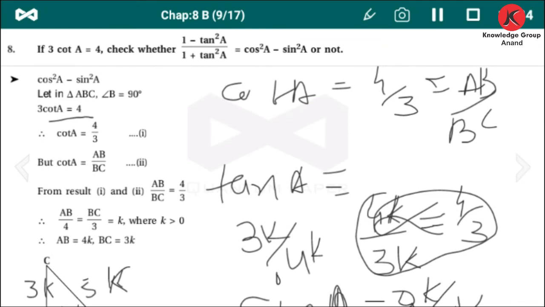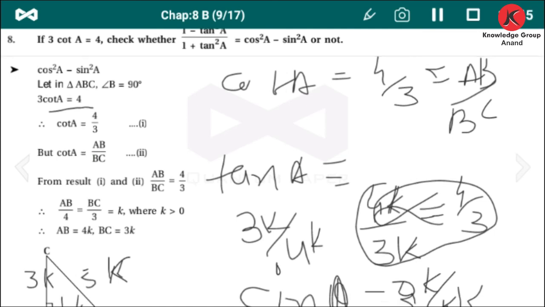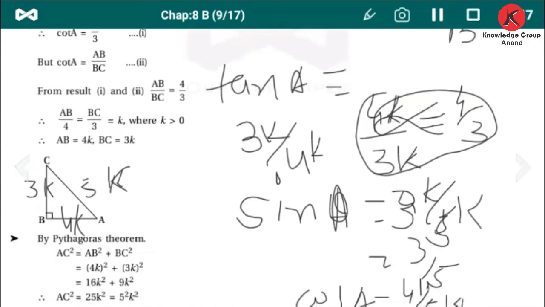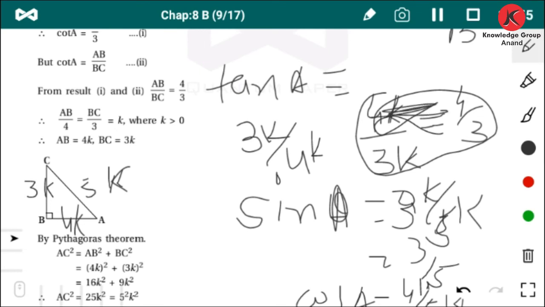Again this question. Cot A is equal to 4 by 3. First we simplify this. Cot is equal to adjacent upon opposite, then we find side 5k. We know that the earlier one is wrong.